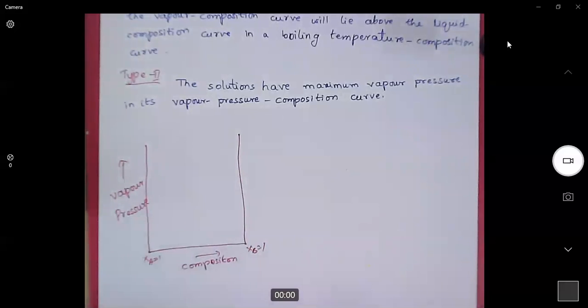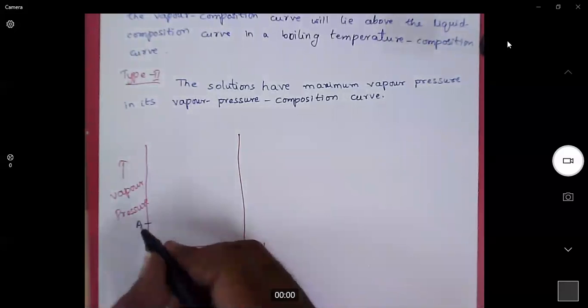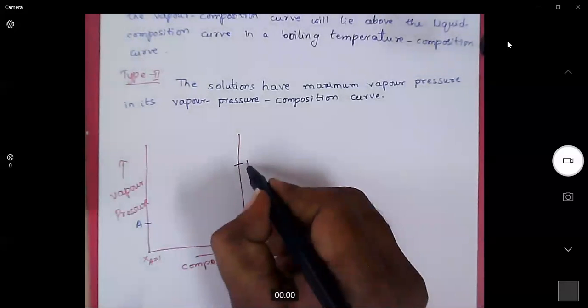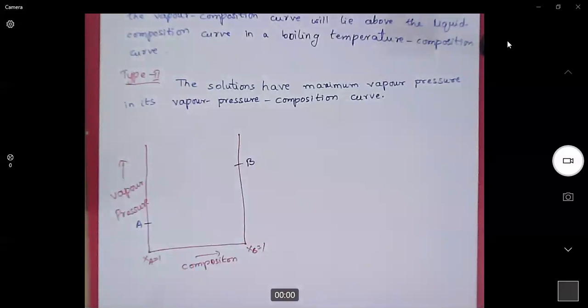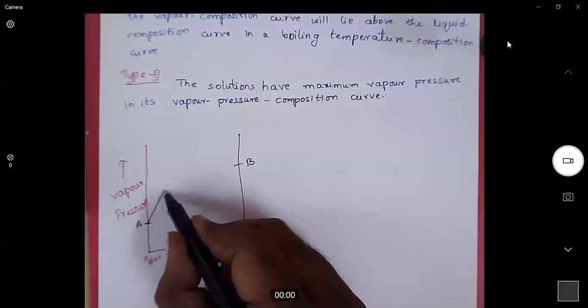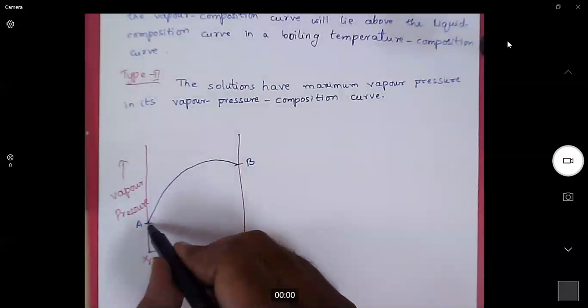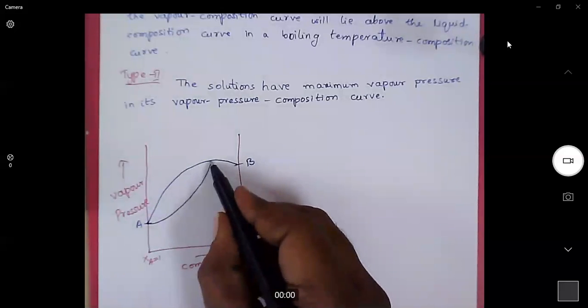For example, this is the vapor pressure of A and this is the vapor pressure of B. Then the liquid curve will show like this and the vapor curve will show like this.